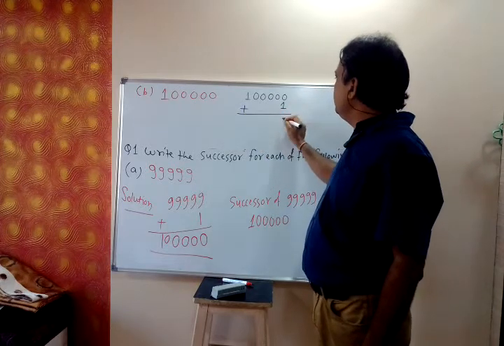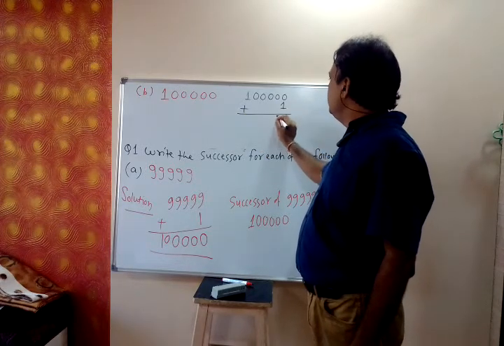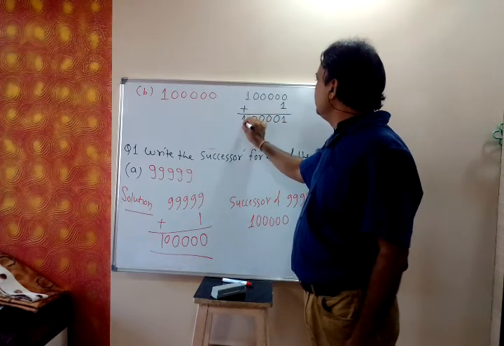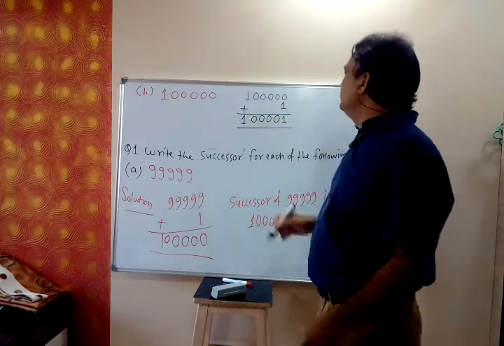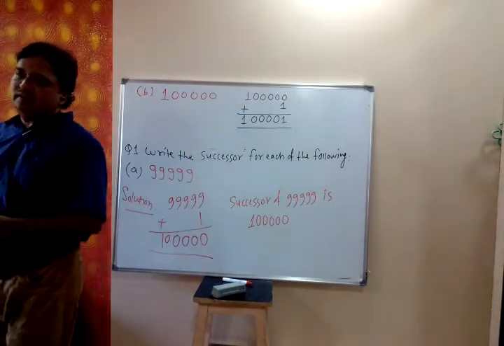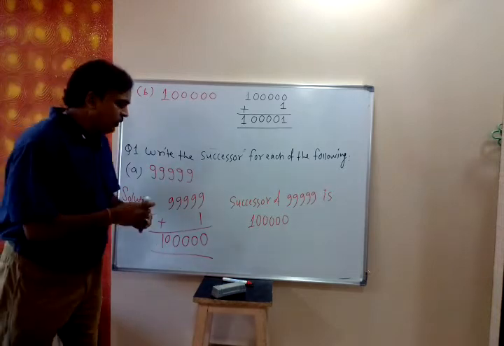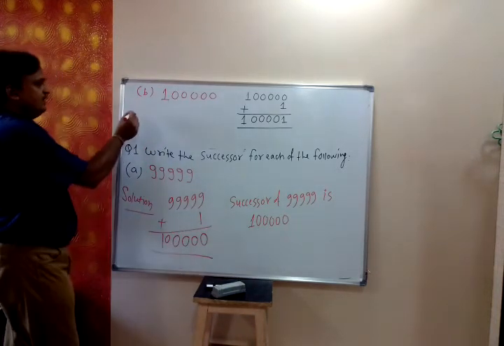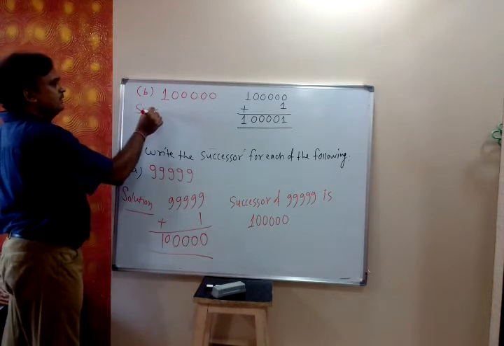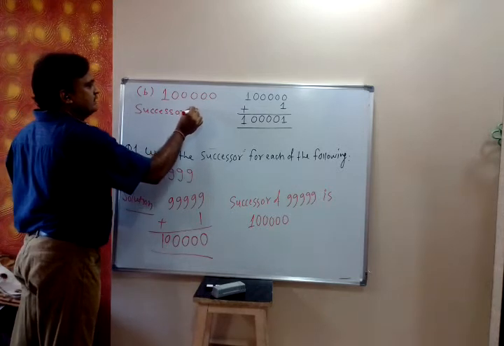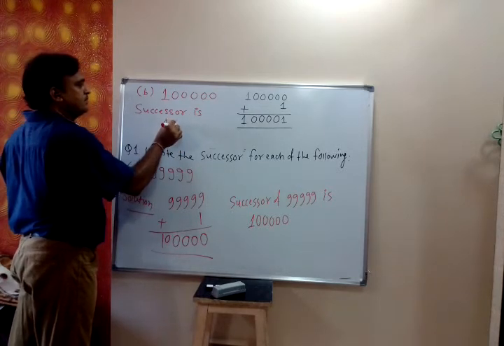So 0 plus 1 is 1: 0, 0, 0, 0, 1. And this is the successor. So what is the successor? 1 lakh 1.